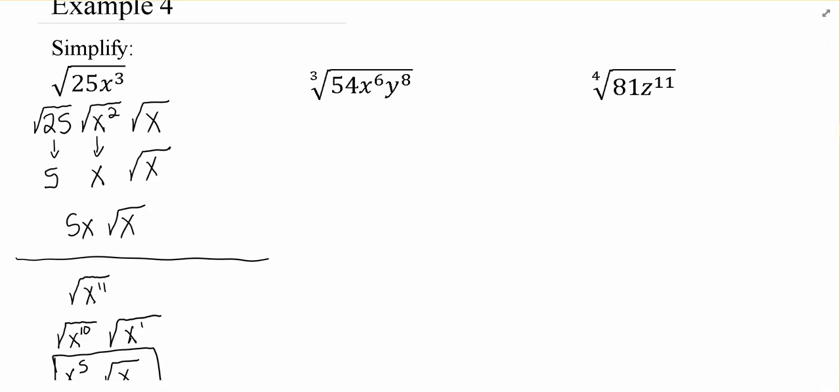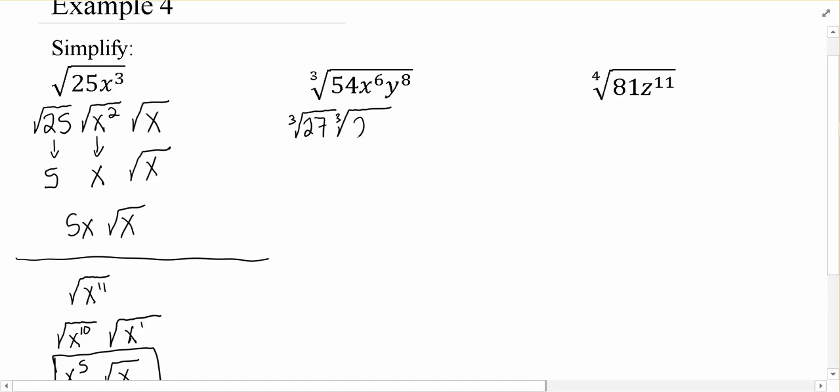So here we're up to cube roots. So we want to ignore the x and the y for a second and just look at 54. I want to rewrite 54 as a perfect cube and whatever's left. 27 is a perfect cube, and 27 times 2 would get me 54. Then I want to move on to the x's.